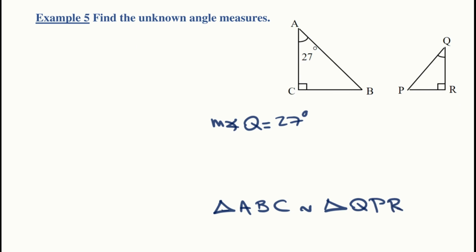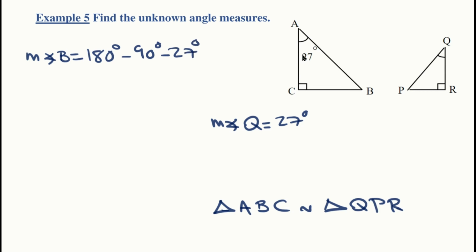All right, so if we can find the measure of angle B, we'll also have the measure of angle P. So that's all we need to do. So we know that the measure of angle B is going to be 180 degrees, take away 90 degrees, also take away 27 degrees. Why?